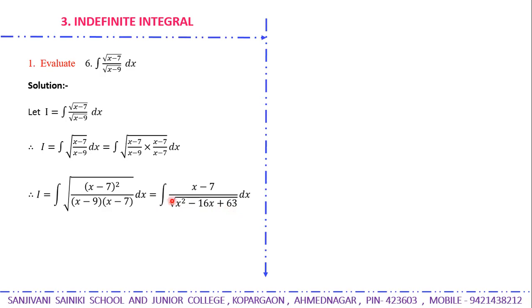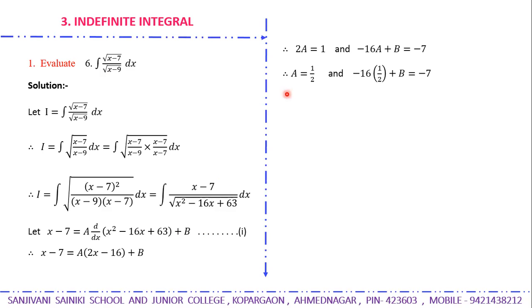So here again we will express the numerator as a times the derivative of the denominator plus b. After simplifying you will get the value of a as 1/2 and the value of b is equal to 1. So put that value in equation number 1.